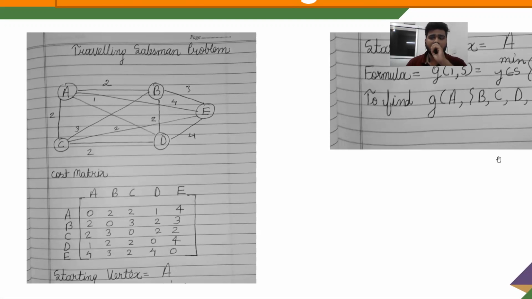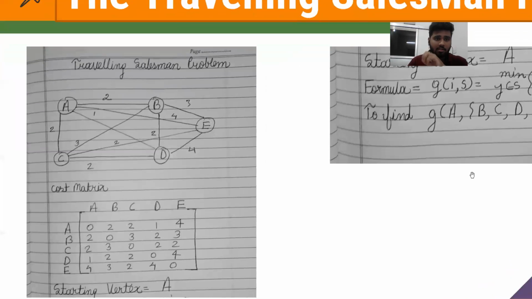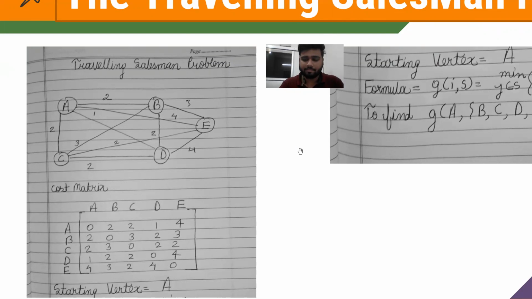For example, our first combination from C will be G of C comma A, because from C we can directly go to A. We can also move via B: we go first from C to B, then B to A, then C to D and D to A, then C to E, then E to A. By this concept, we can make the subsets.